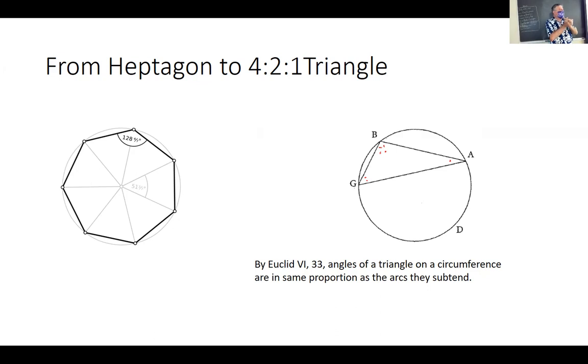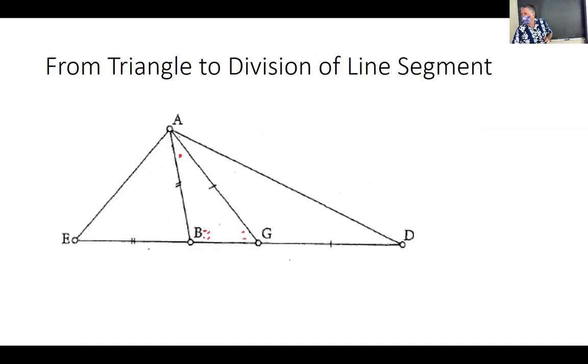Now, what Archimedes did next was a really cool thing. This is where he was super bright. He went from an angle, from this triangle, to a line segment with really interesting properties.